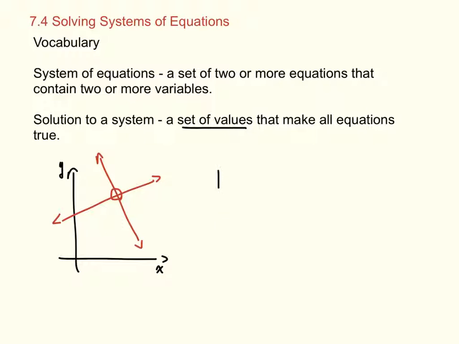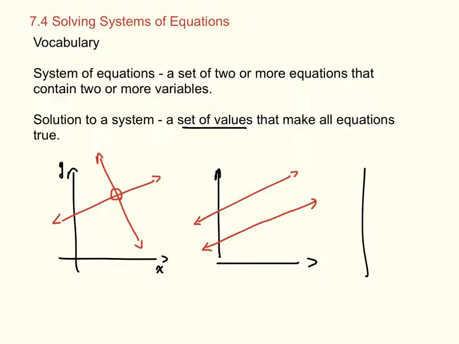Now, other options that we had, if you recall, sometimes the lines actually never touched each other. You could get two lines that are parallel to each other, they'll never touch, and you'll get no solutions to your system. So we're going to have that in these questions, but you're not going to see it graphically, it's going to be more algebraic.